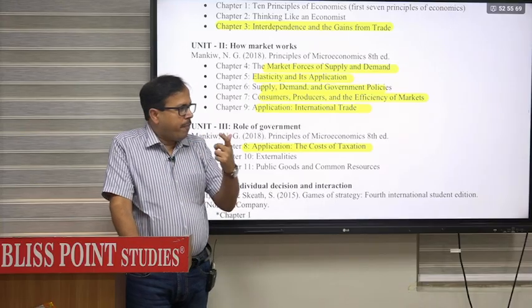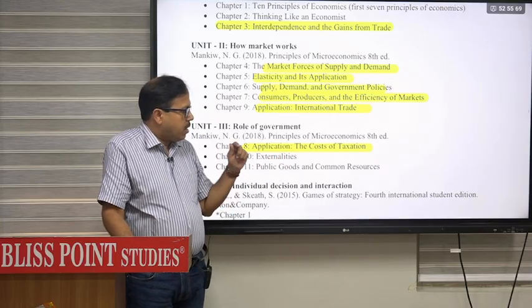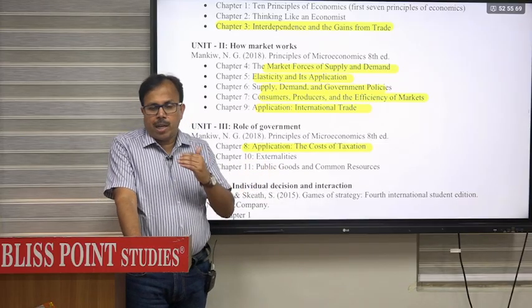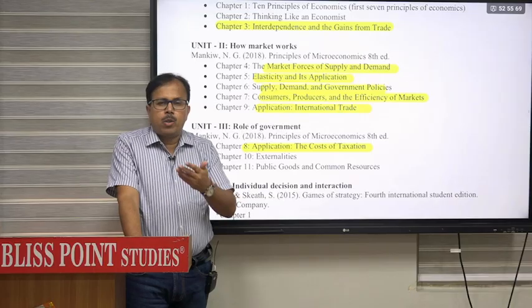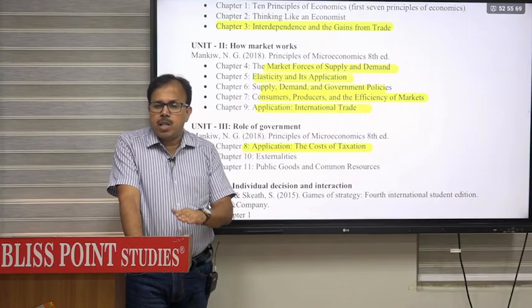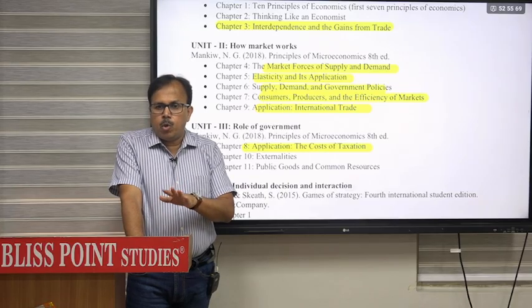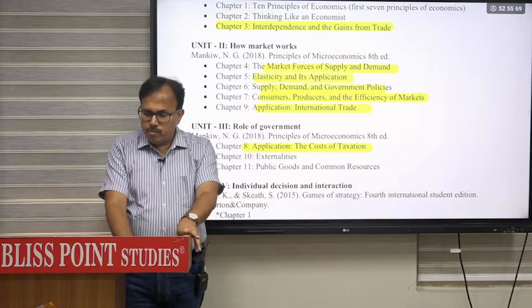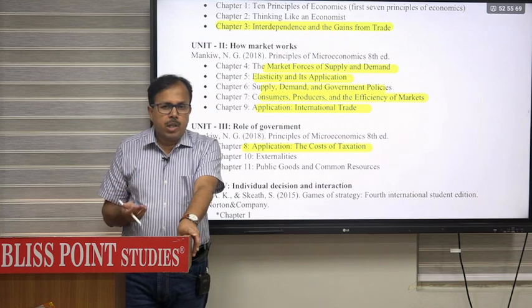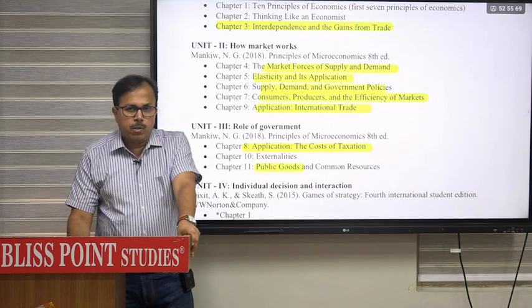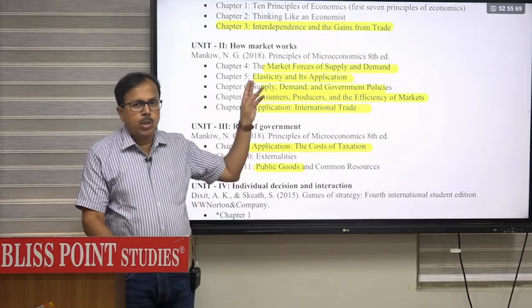Markets usually fail in the case of externalities, and markets fail in the case of provision of public goods. So when the market fails, government will provide those goods. Why in the case of externality the market fails is one thing, and how that externality problem can be overcome by the government. Why the market cannot provide the public good is another chapter, and how the government can provide that public good.